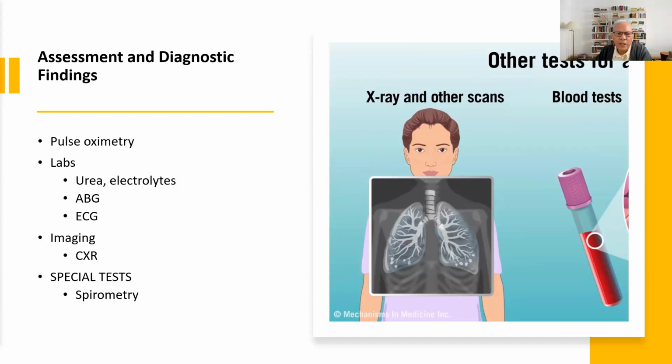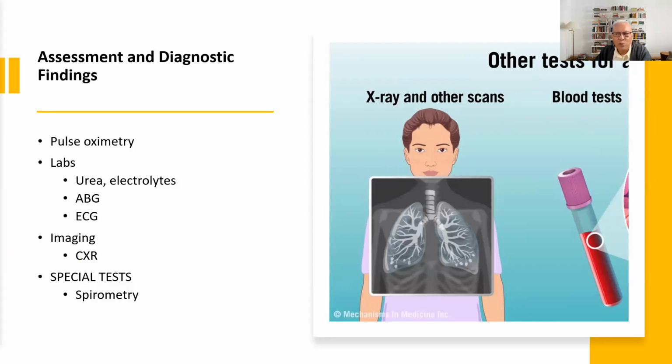The other thing is, of course, ABGs, arterial blood gases, may reveal hypoxemia and respiratory acidosis. We also do an ECG because one of the side effects, or the common side effects, I should say, of the medications that we use for asthma are going to cause tachycardia.